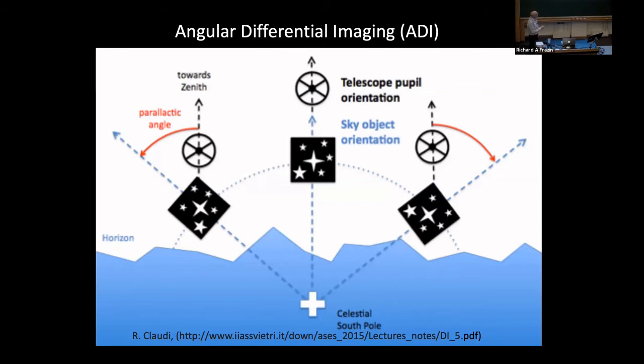But as these stars rise and set, you see that this little field of stars is rotating. So the image that you are hoping to measure is rotating as the night goes on. You can set up your telescope so that it's always pointed at the star field, but it's not rotating.